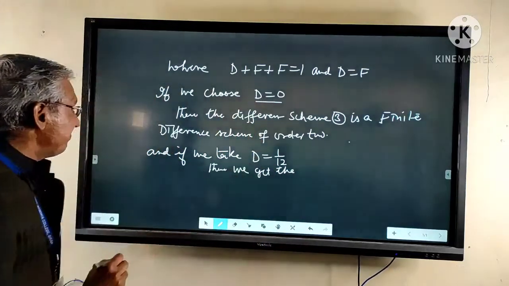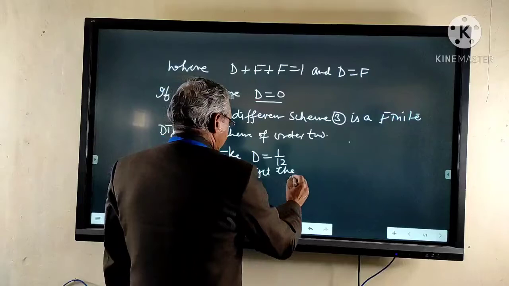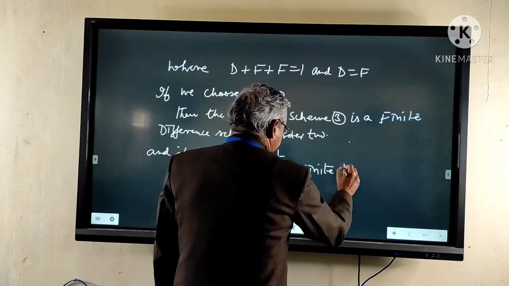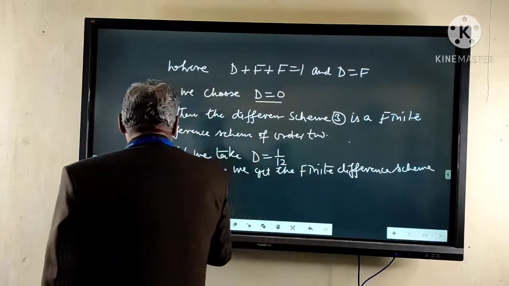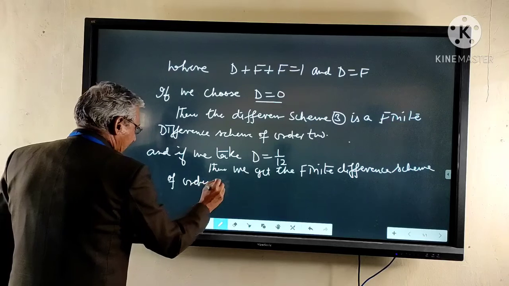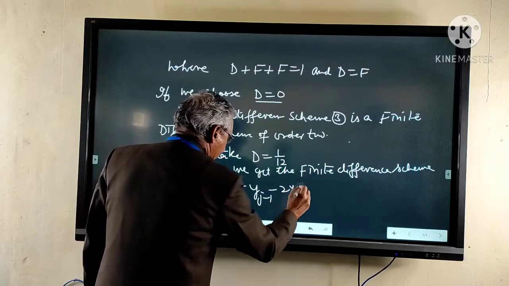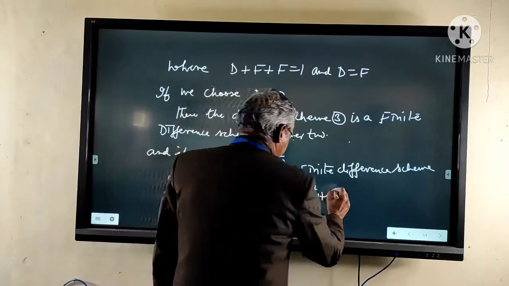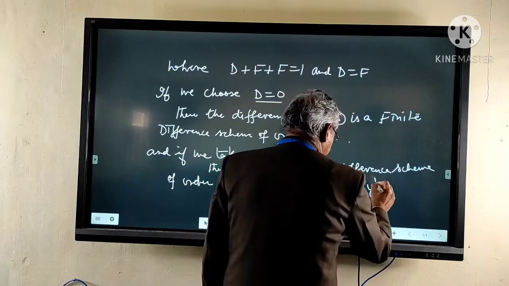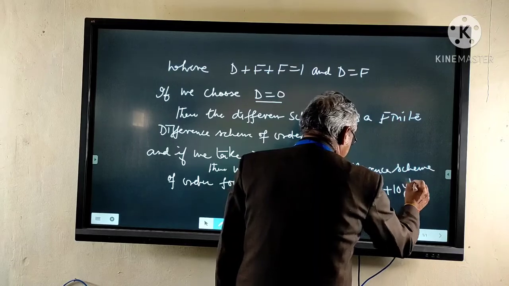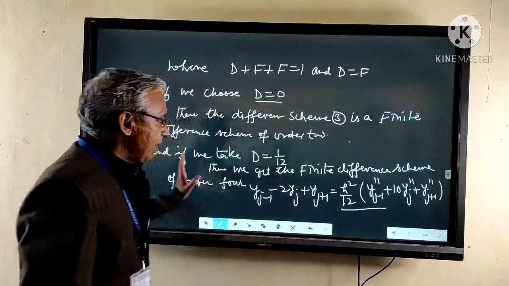This is y j minus 1 minus 2 y j plus y j plus 1 equals h square by 12 times y j minus 1 double dash plus 10 y j double dash plus y j plus 1 double dash, which is known as Numerov method.